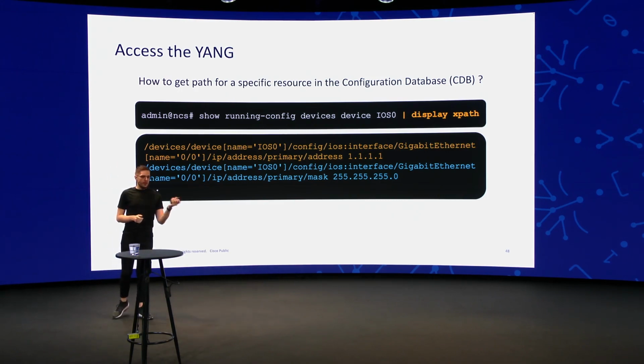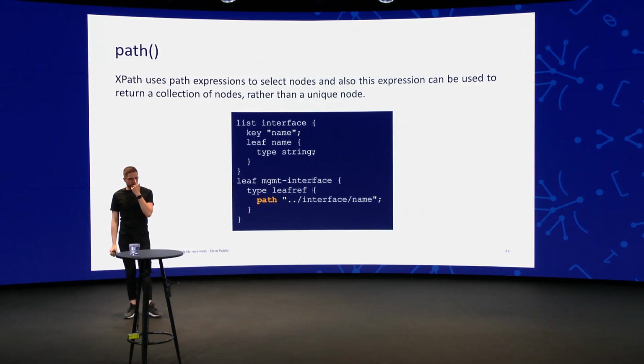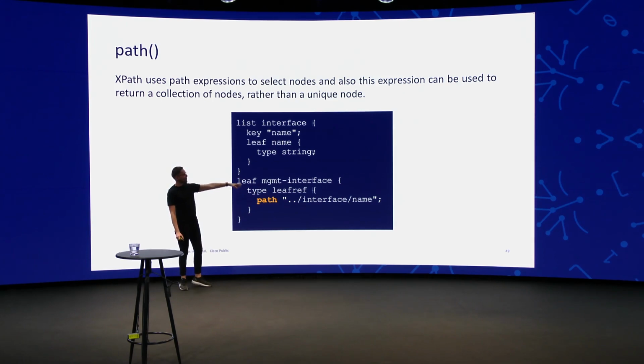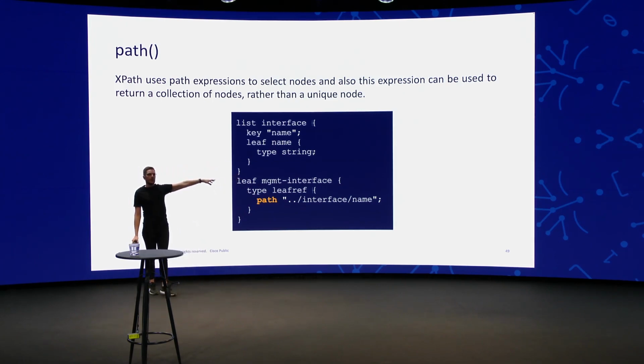That might be the show run of the device, show run of the service, something NSO internal, up to you what you want to actually get. And in our YANG data models, we are then specifying the path keyword. I feel like in the weather forecast. Specifying the path keyword where we are trying to traverse from the leaf that we are at, from the moment that we are in the YANG data model.